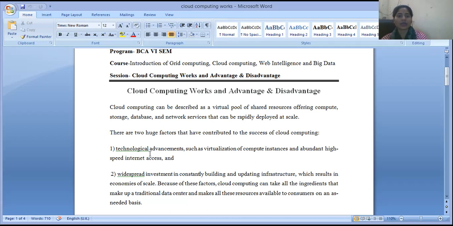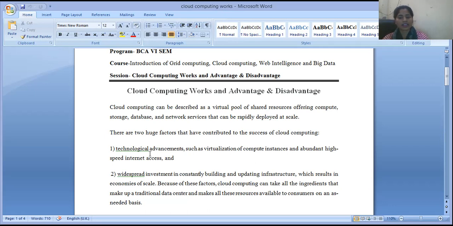There are two main factors that contributed to the success of cloud computing: technological advancement, such as virtualization of compute instances and abundant high performance internet speed access, and widespread investment in constantly building and updating the infrastructure, which results in economies of scale.